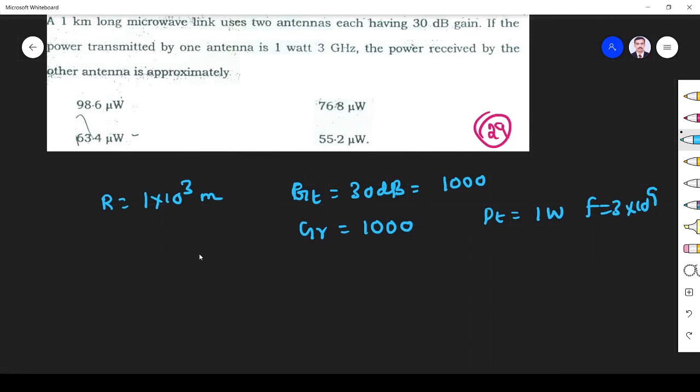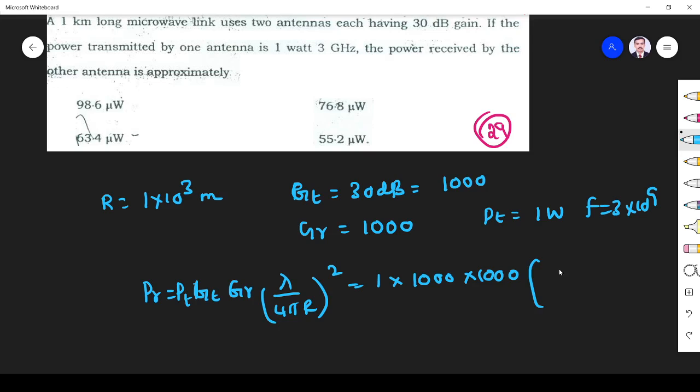When they ask about relating power transmission and reception, use the Friis transmission formula. PR is equal to GT GR PT (lambda by 4 pi R) whole square. PT is 1 watt, GT is 1000, GR is 1000, and lambda is c by f. c is 3 into 10 power 8 divided by f, which is 3 into 10 power 9, over 4 pi into R, 10 power 3, whole square.